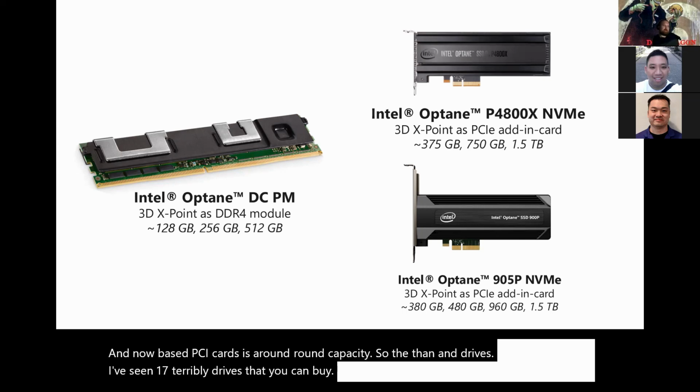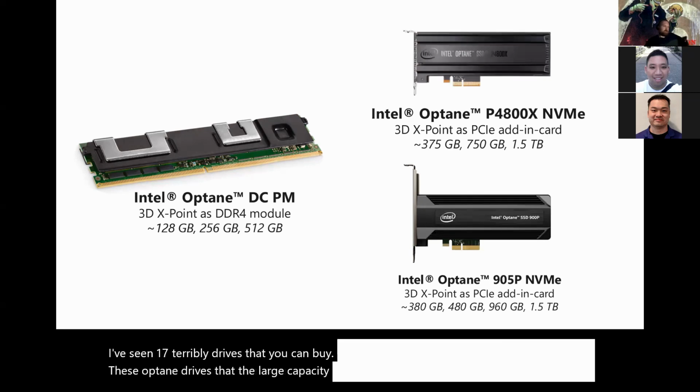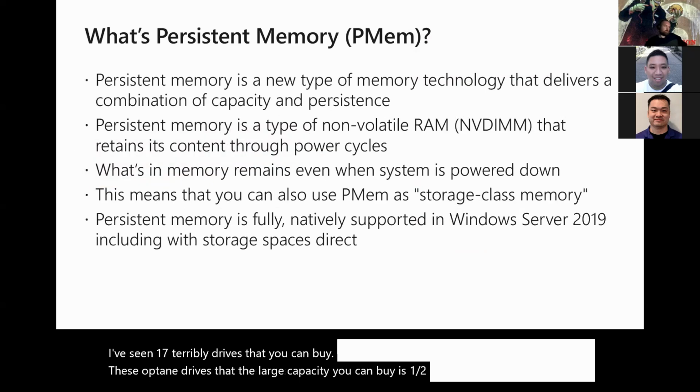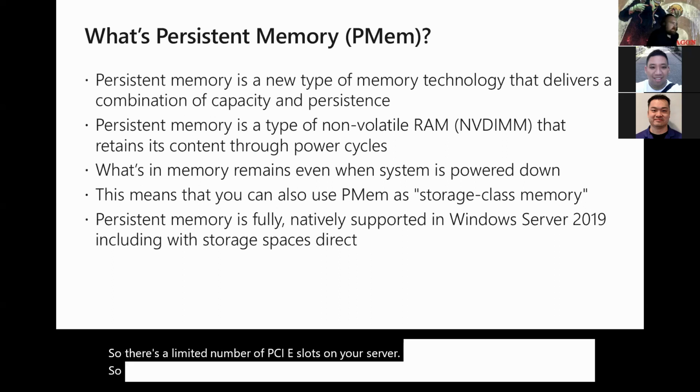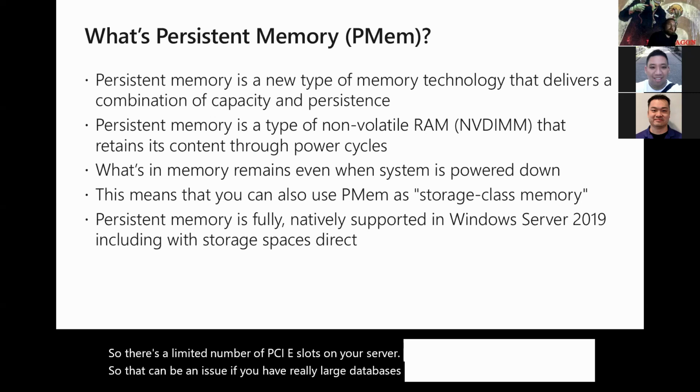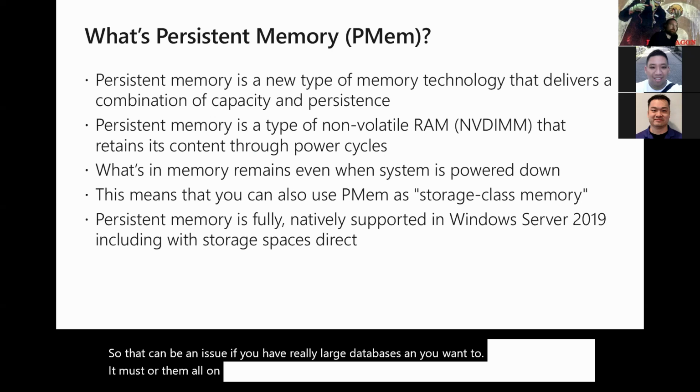These Optane drives, the largest capacity you can buy is 1.5 terabytes. There's a limited number of PCIe slots on your server, so that can be an issue if you have really large databases and you want to store them all on local storage.